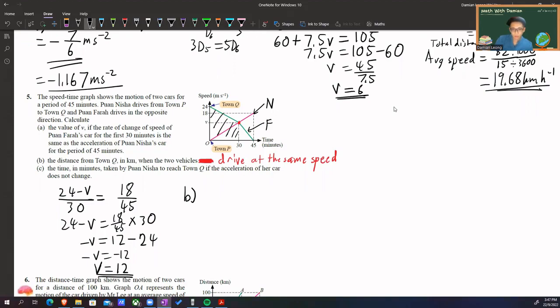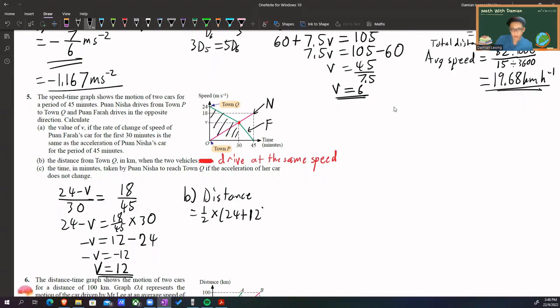So the distance will be half times sum of parallel sides, 24 plus V, which is 12.